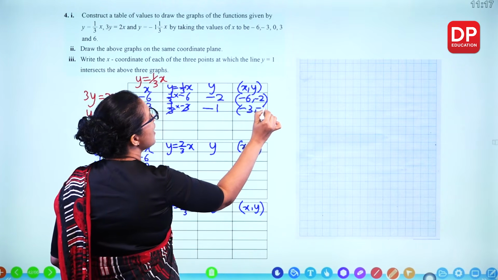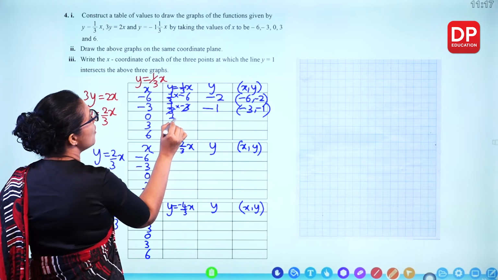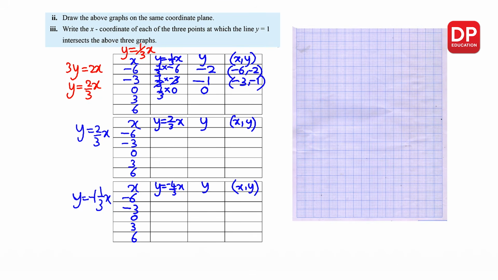Minus 3 and minus 1. 0 times 1/3 is always 0. So 0, 0. Substitute 3, 1/3 into 3, you get 1. So 3, 1. When this is 6, 1/3 into 6, you get 2. 6, 2.